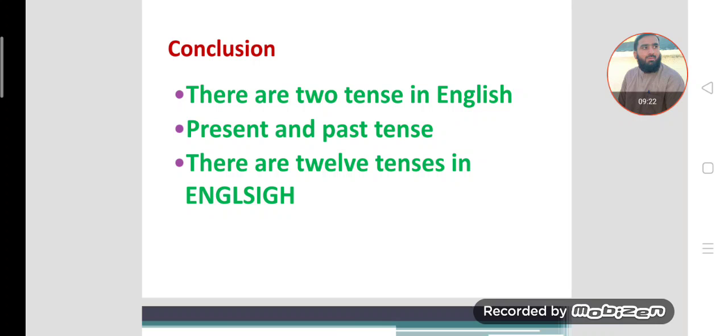There are 12 aspects in English for these two tenses. Present indefinite, present continuous, present perfect continuous, past indefinite, past continuous, past perfect continuous, future indefinite, future continuous, future perfect continuous. These all are the aspects of these two tenses.